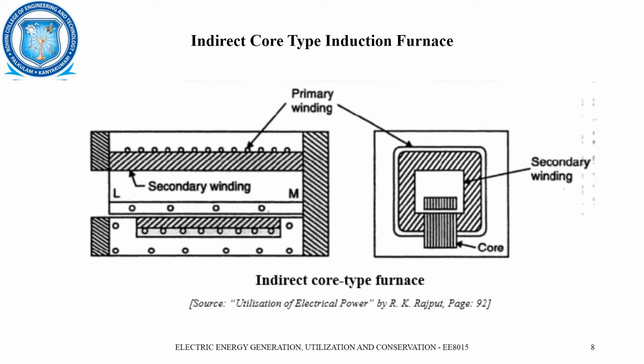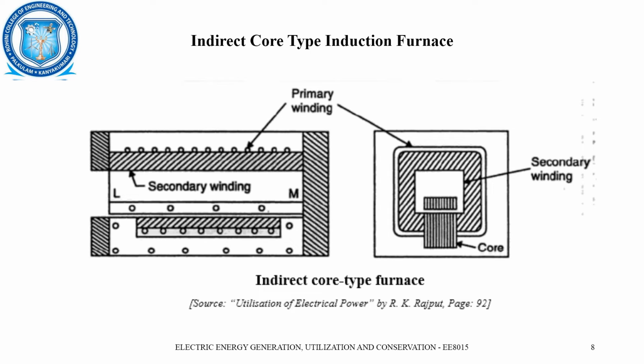Considering indirect core type induction, the primary winding is present in this position, and the secondary winding is a small layer below the primary winding setup. This is how they are arranged. The secondary winding is here, and the core is present, which is not touching the interior portion.